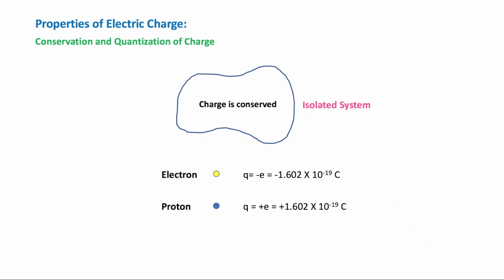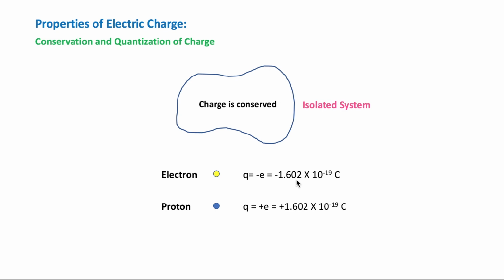Another property of electric charge is that the total charge is always an integral multiple of an elementary charge e, that is equal to 1.602 times 10 to the minus 19 coulomb. This is because any amount of negative charge is a result of the combined charge of an integral number of excess electrons, where the charge of each electron is given by this value.